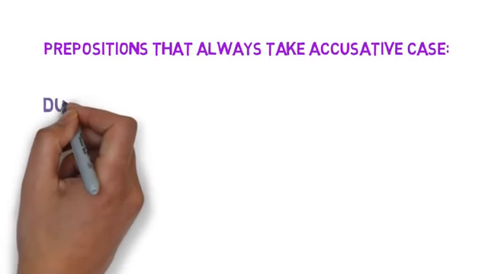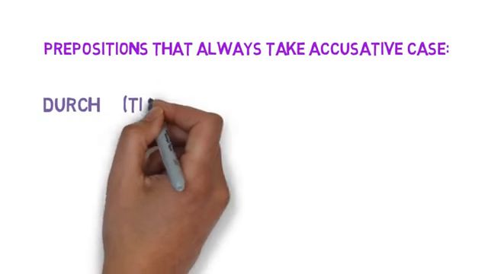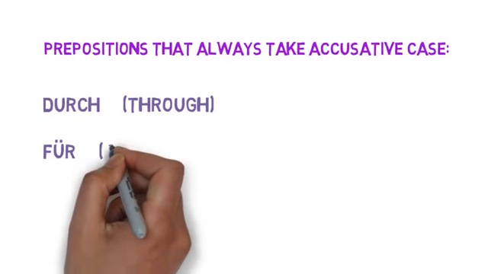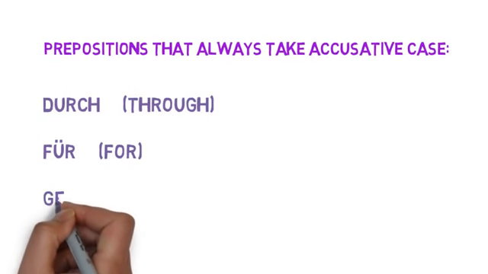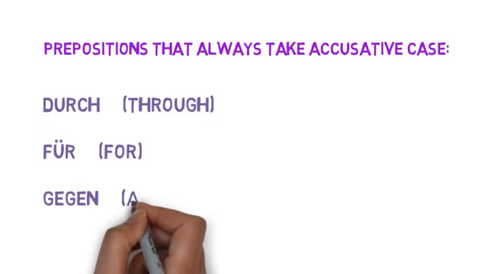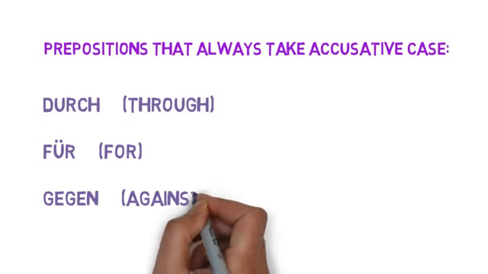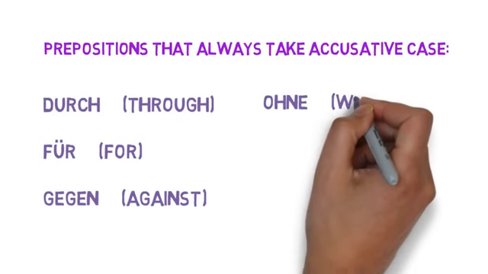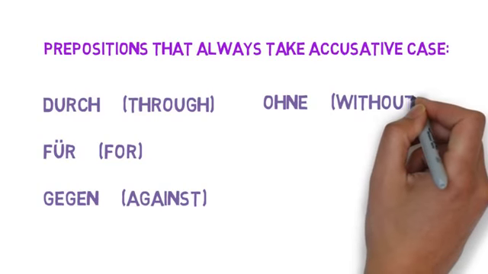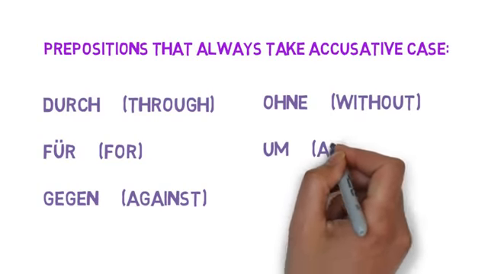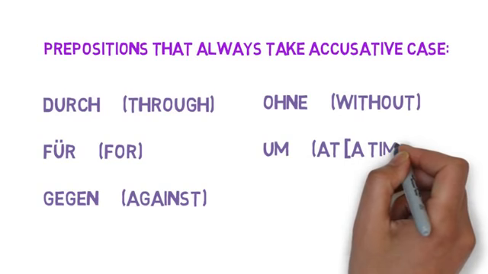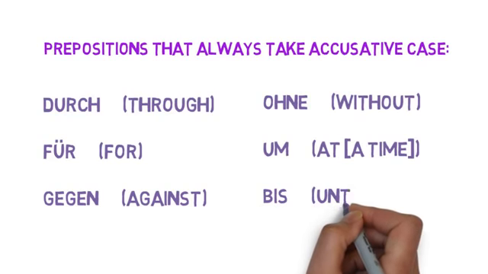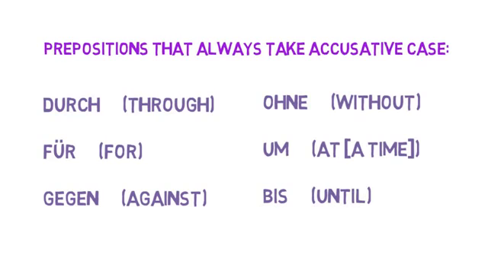These prepositions are durch, which usually means through, für, which often means for, gegen, which means against, ohne, which means without, um, which means at, only when used with a time, not with a place, and bis, which means until.